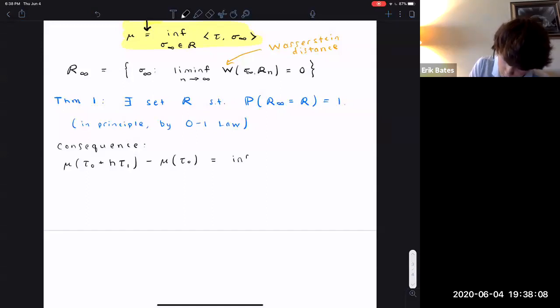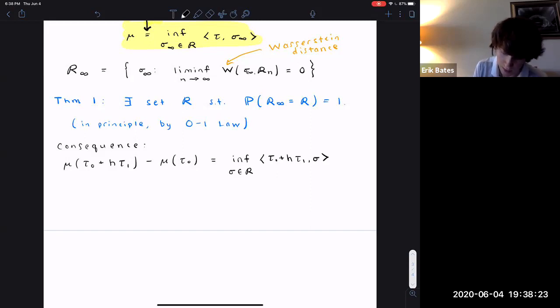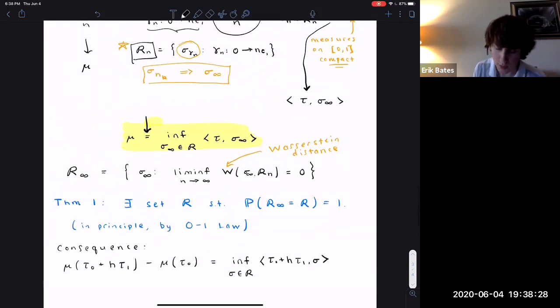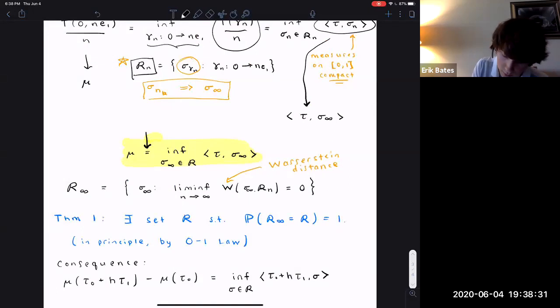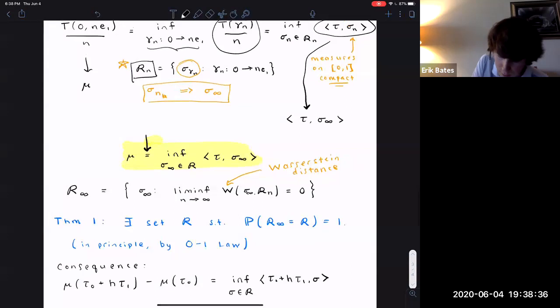Well, expressing this in our variational formula, let me express the first term as the infimum over sigma in R of, well, the relevant test function is tau naught plus h tau 1 integrated against sigma. And then for the second one, I'm actually going to choose a minimizer. Now, why can I do that? Well, the whole construction here was appealing to some subsequence that got me to this sigma infinity. And so in fact, not only do we have this variational formula, but the construction shows that minimizers exist.